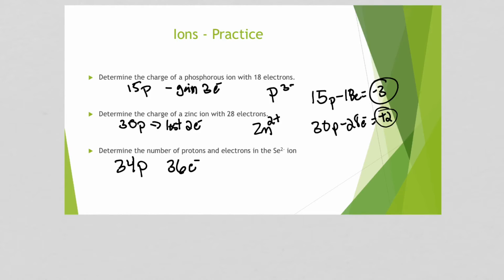Or if you're more into the equation thing, you could say that the charge equals the number of protons minus the number of electrons.